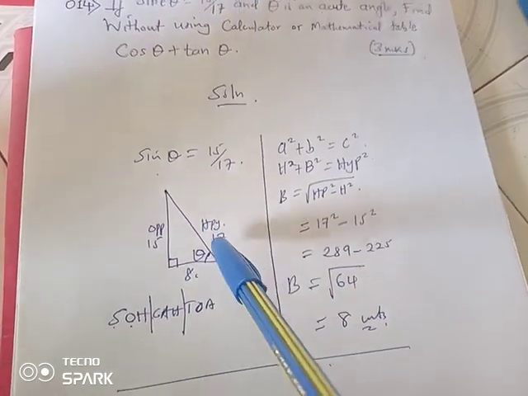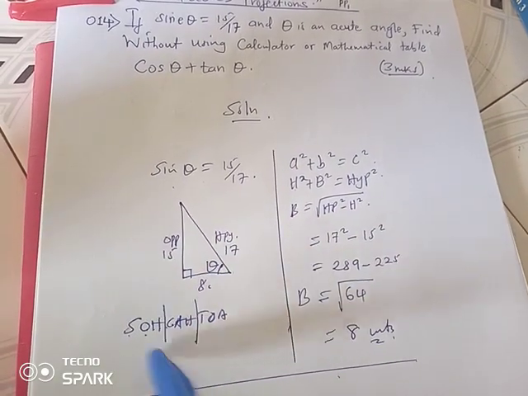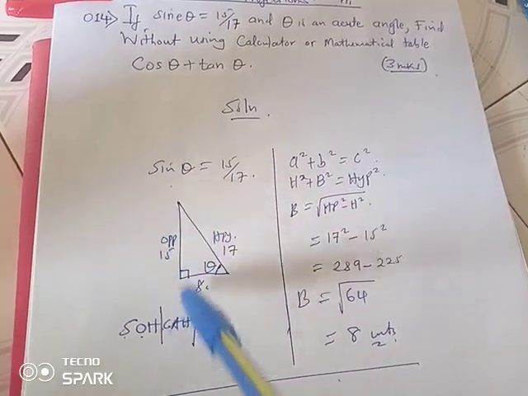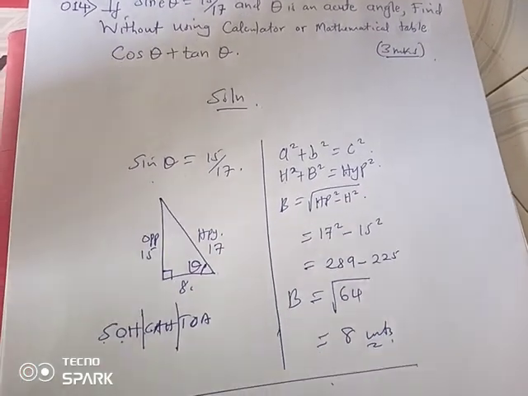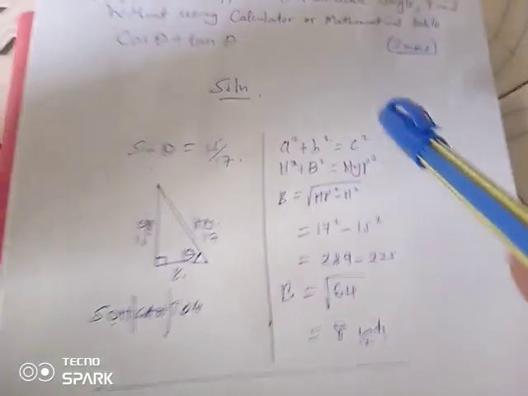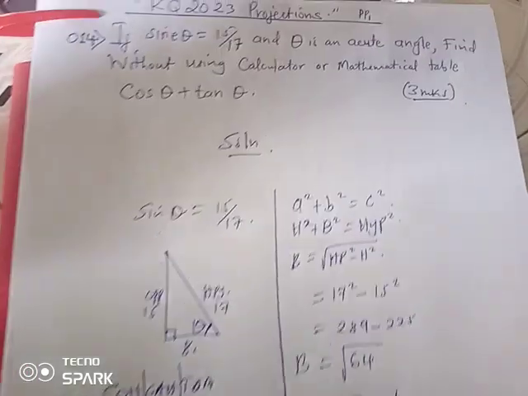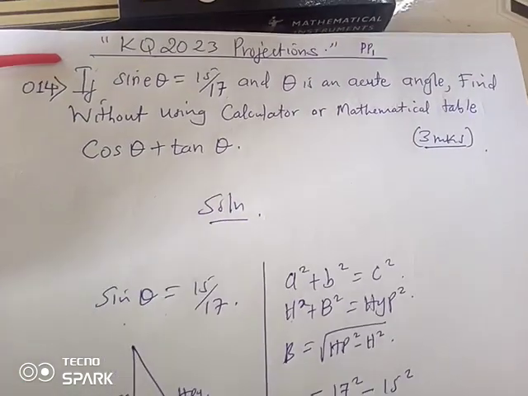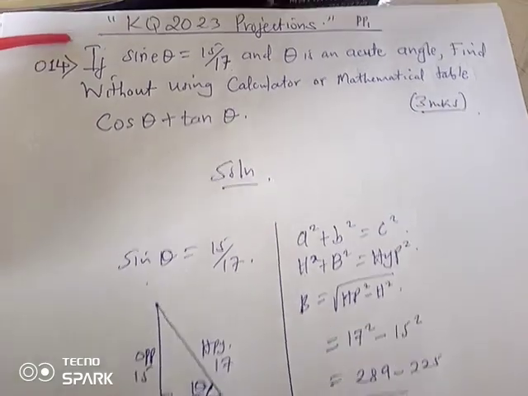Sine is opposite over hypotenuse: opposite of angle theta is 15 and hypotenuse is 17. The only side left to get is the base, and using Pythagoras theorem I am able to get it. So now we can answer any question given. Remember, we are told not to use calculator or any mathematical table.